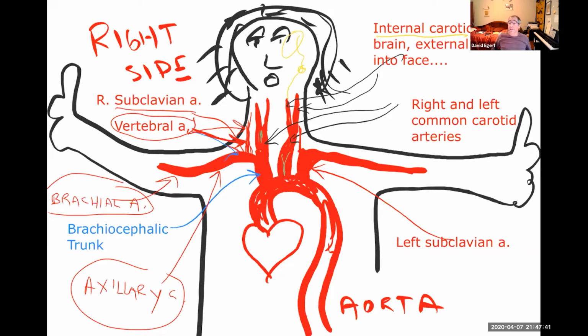We'll look at that in more detail when we look at the circulation in the brain and the circle of Willis and all that. But these are another artery that goes to serve the brain. The vertebral artery and the internal carotid artery both go into the brain. And again, we'll meet them a little later as well.